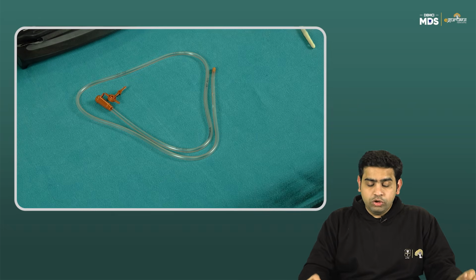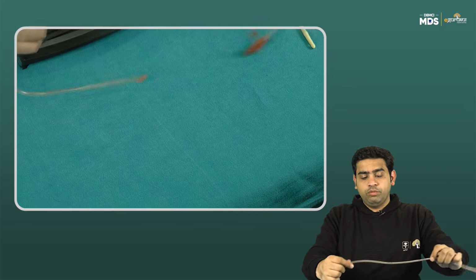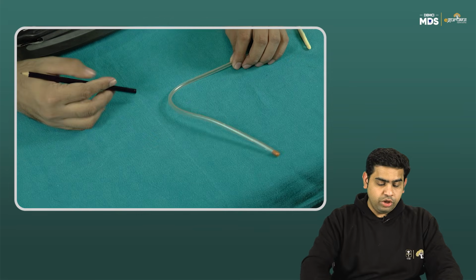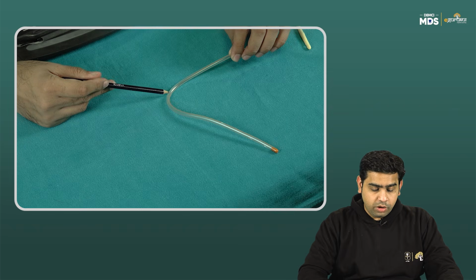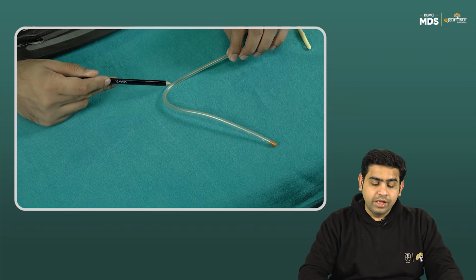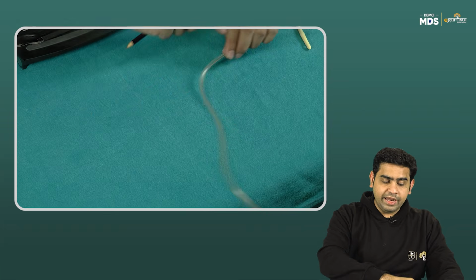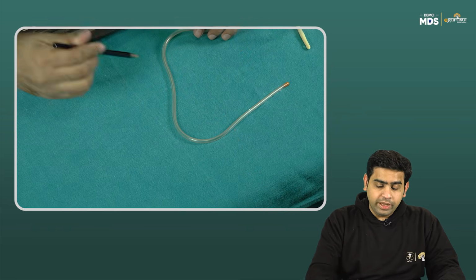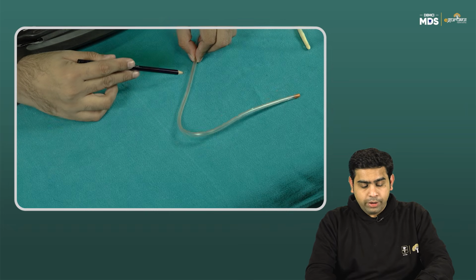No. So what you need to appreciate over here in this nasogastric tube is this orangish, brownish line over it. It basically runs through the entire length of the nasogastric tube. This is what is a radio opaque line.